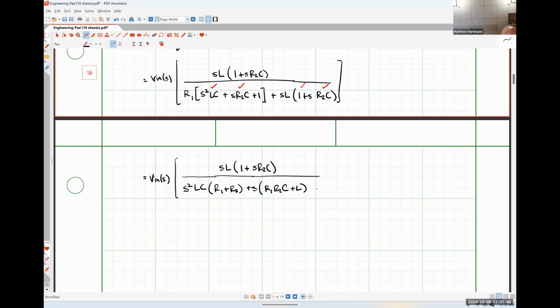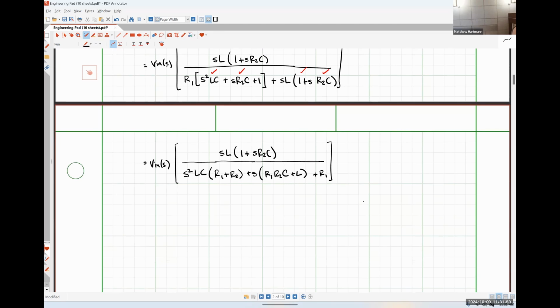And then the only thing that I have left is an R1. So I can very easily see now that V1 of S over Vn of S is simply that ratio.